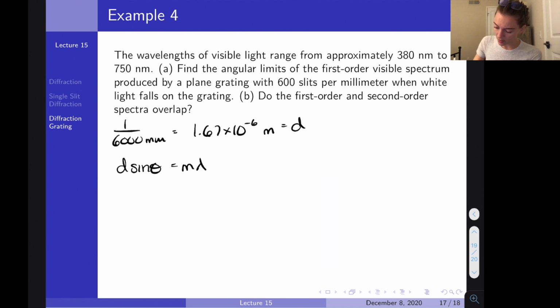When we solve for theta, it's going to look like this.